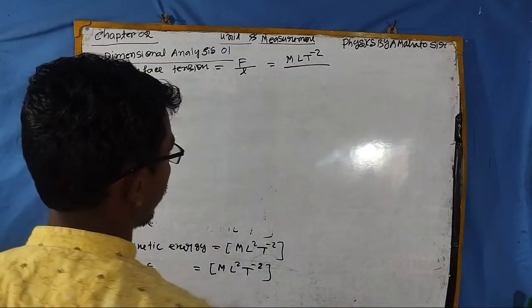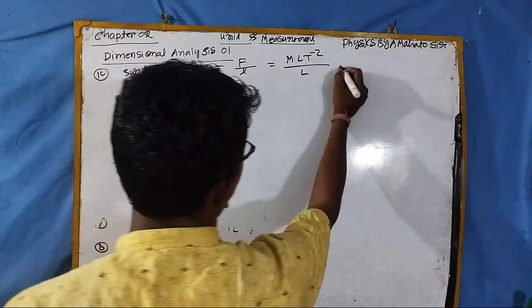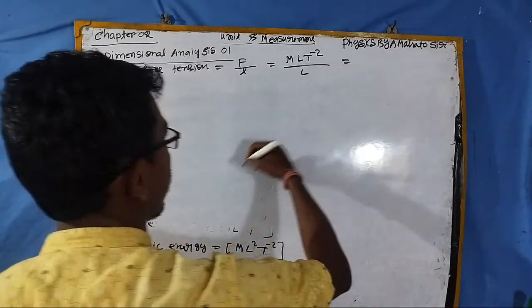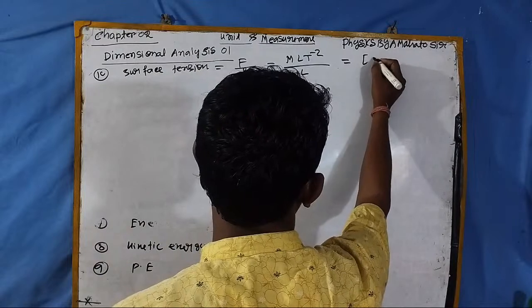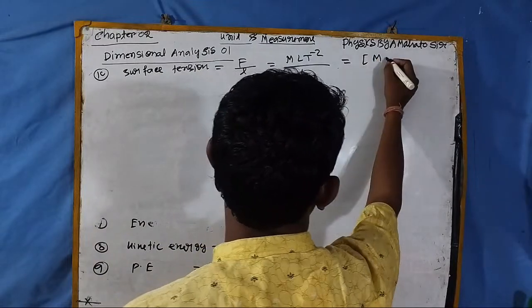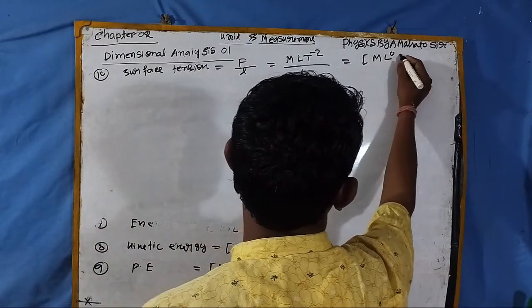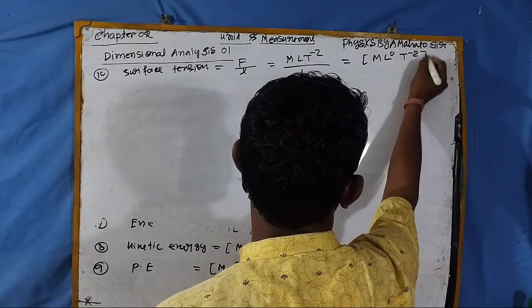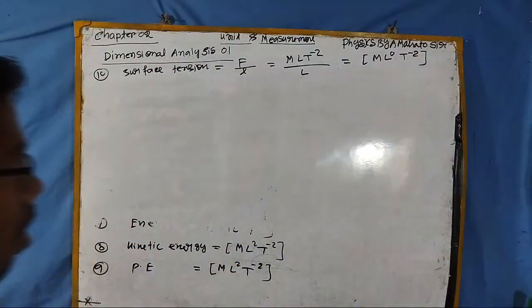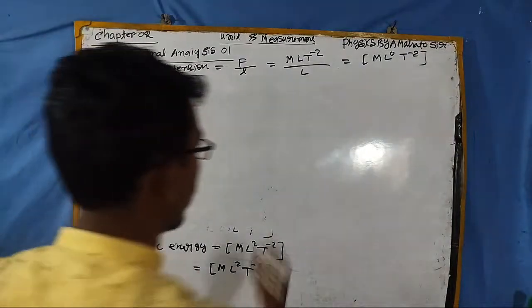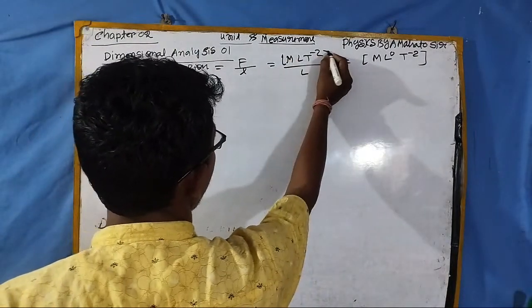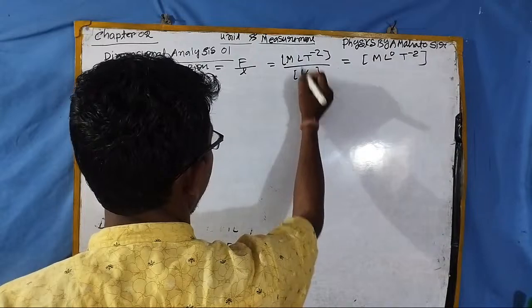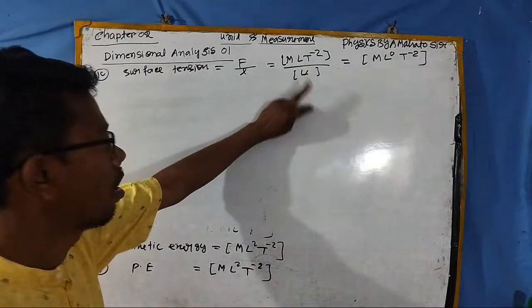Length dimension is L. So L is cancelled, so M L^0 T^-2. So L is absent.